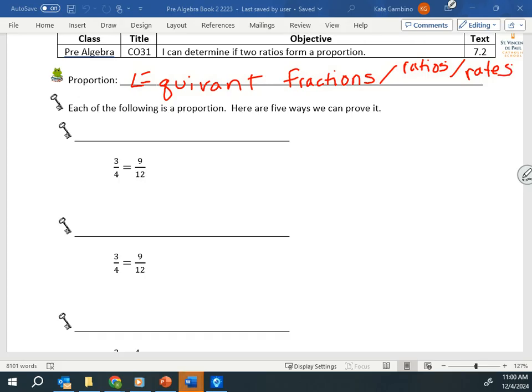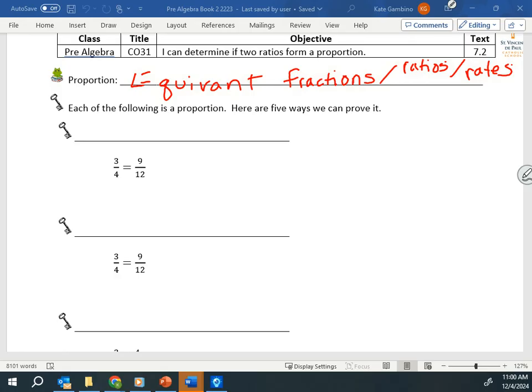I messed up on how to spell equivalent, but that's because my board isn't calibrated. So equivalent fractions, ratios, and rates.